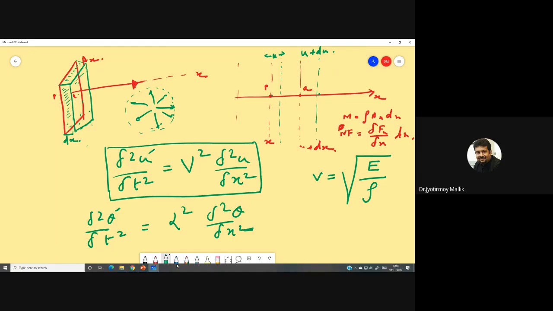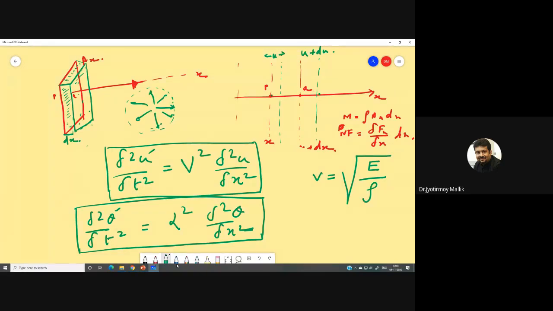Okay, so here theta is replaced with U. So delta square theta by delta t square is equal to alpha square delta square theta by delta x square. This is the general equation along the direction of x for P wave propagation.